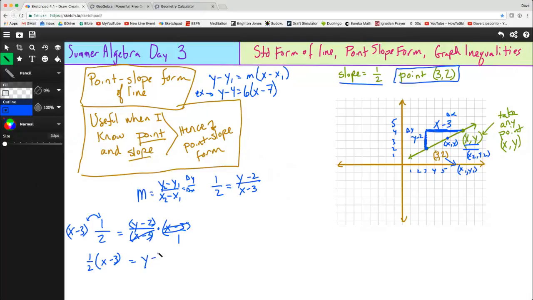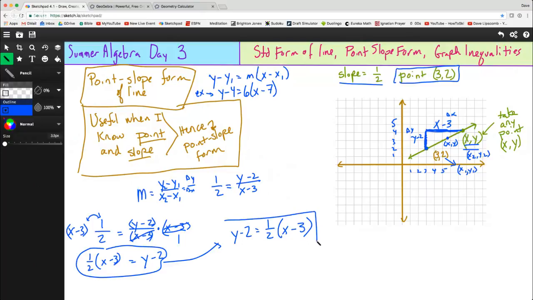And that equals y minus 2. Now I'm going to use my reflexive property of equality and put the y minus 2 on the left. So watch what I do. y minus 2 equals 1/2 of x minus 3. And that is my point slope form of a line.